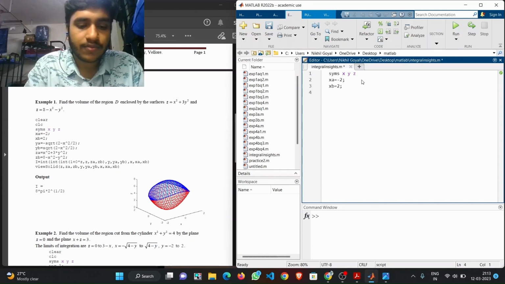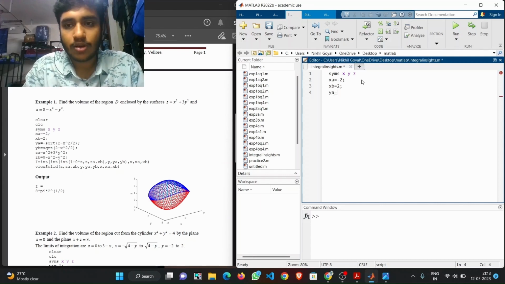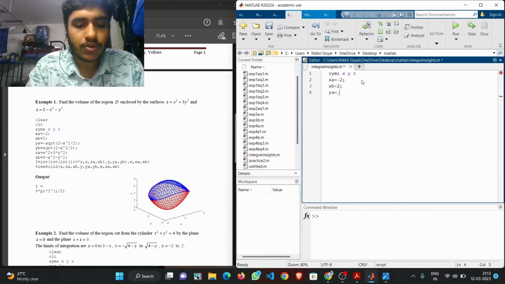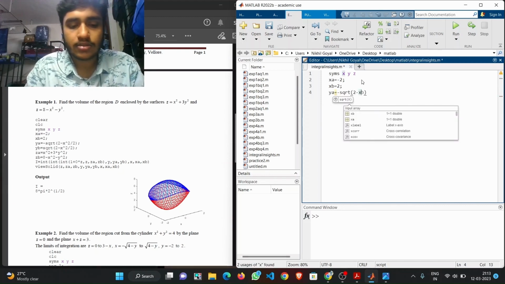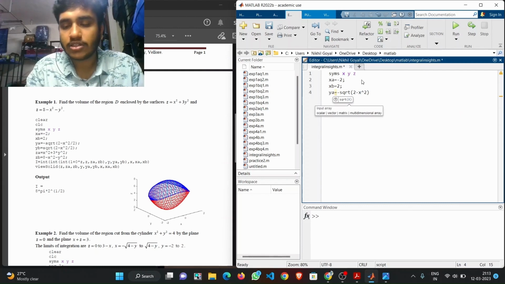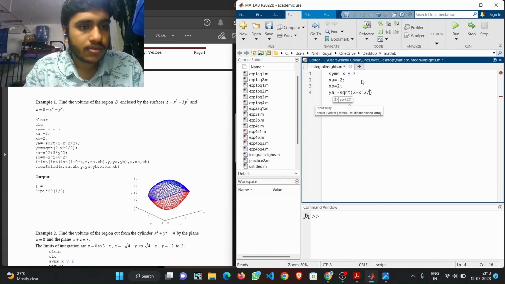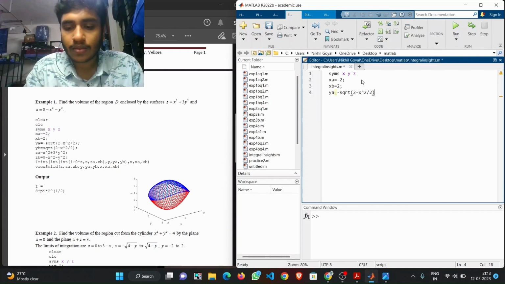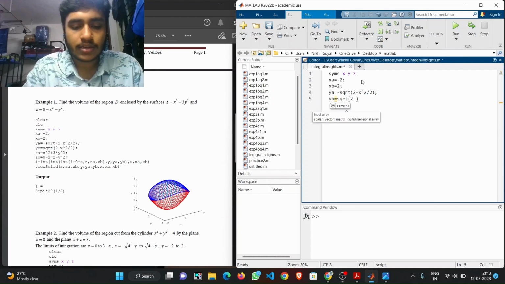And ya, we got two limits, right? Minus of sqrt(4 minus x square) divided by 2. Sqrt function returns the square root value. Then yb we'll write as sqrt(4 minus x square) divided by 2.